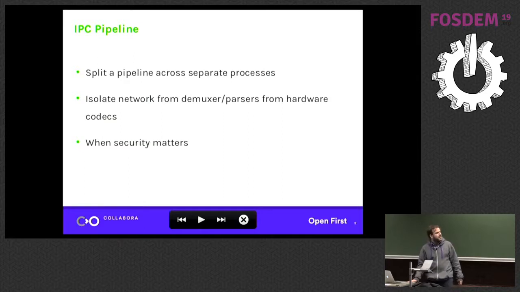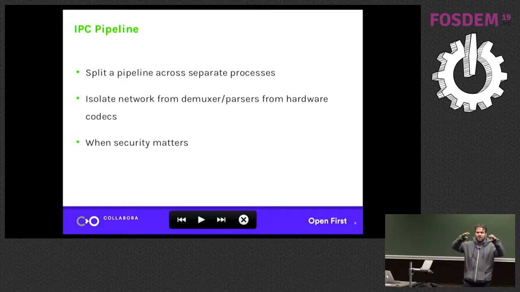Completely separate subject now. We've merged a plugin called IPC Pipeline, which I like to talk about because I think it's really cool. It allows you to split a pipeline into multiple processes, but have a single master pipeline that controls all the others. For example, the typical case is that you have one process that talks to the network, downloads the DASH stream from the internet, and then passes the data to another process, which actually talks to the hardware decoder.